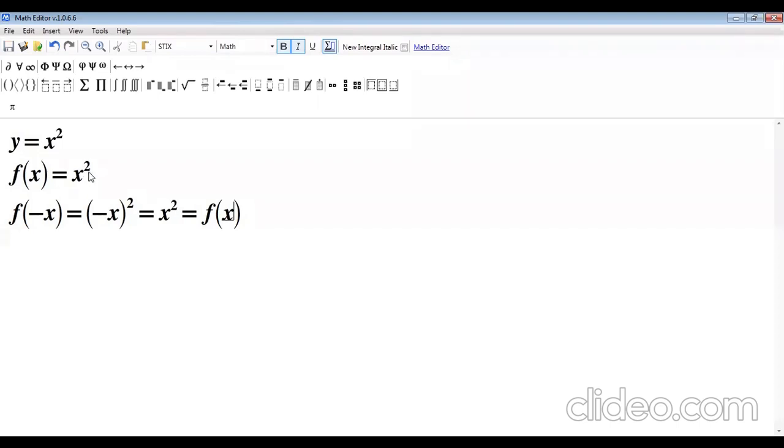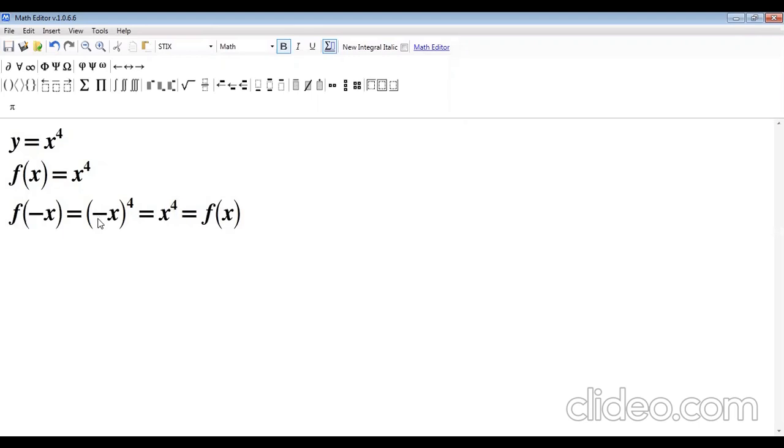Similarly, we can write it for another function, y equals x to the power 4. That means f of x equals x to the power 4. If we replace x with minus x, we get x to the power 4 again, that means f of x.